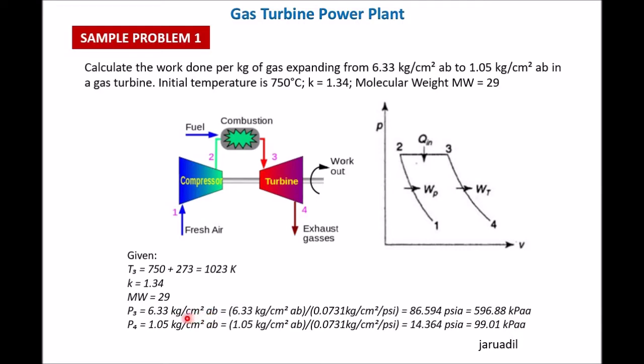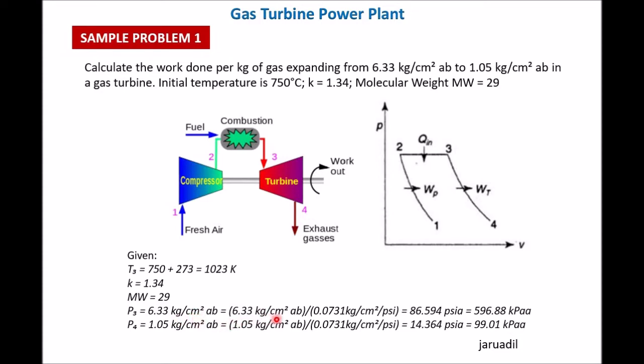So this is in MKS units. We have what we used to call MKS units before. So we have SI units, we have English units, and we have also these MKS units, meter, kilogram, second. So the unit of pressure in MKS unit is kilogram per square centimeter.